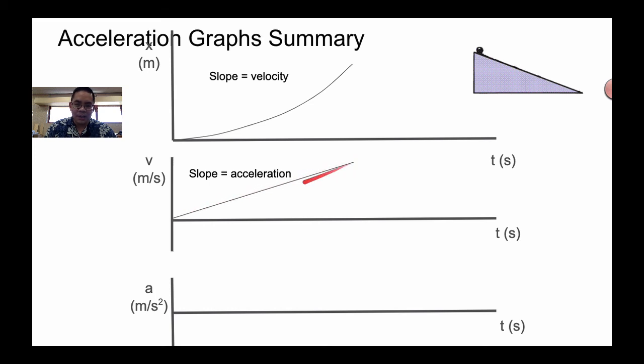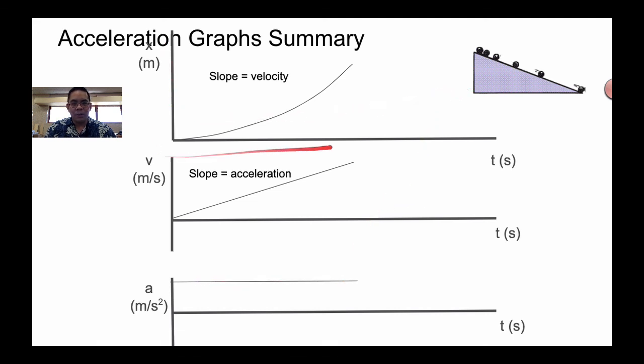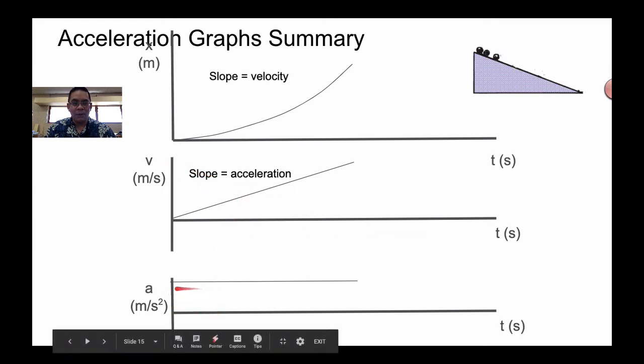Since this slope is constant, my acceleration will be constant, a horizontal line. As a quick summary, make sure you draw these graphs in your notes: the slope of the position time graph gives me velocity, the slope of the velocity time graph gives me acceleration, and once you have an acceleration that's constant, it's basically a horizontal straight line.